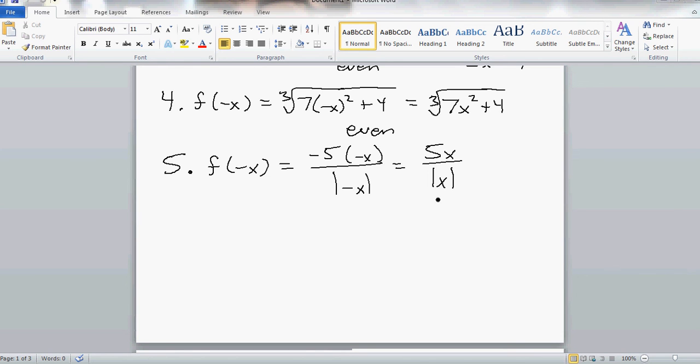Now we compare this to the original, which was negative 5x over the absolute value of x. This works as the exact opposite; the only thing we have to do is negate the whole thing. So this equals the opposite of f of x. Since every sign has changed, we know that it is an odd function.